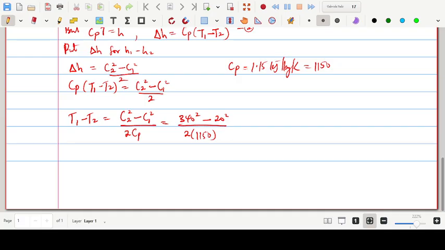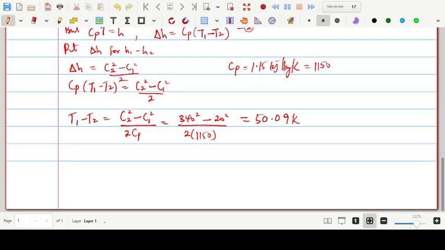Then I have 50.086. Alright, this one is equal to 50.09 in Kelvin. That's our temperature.